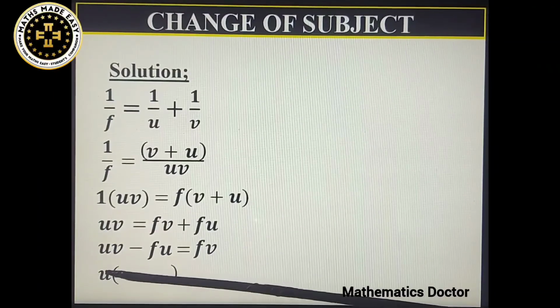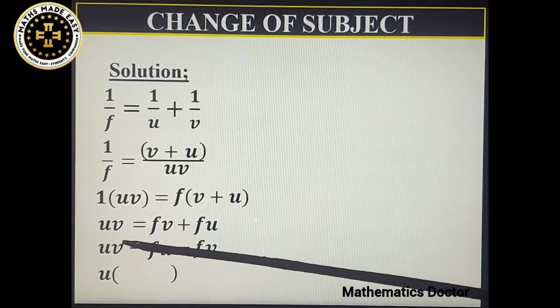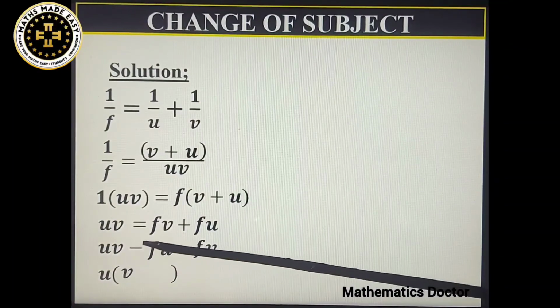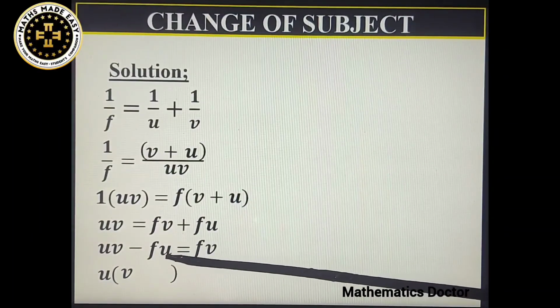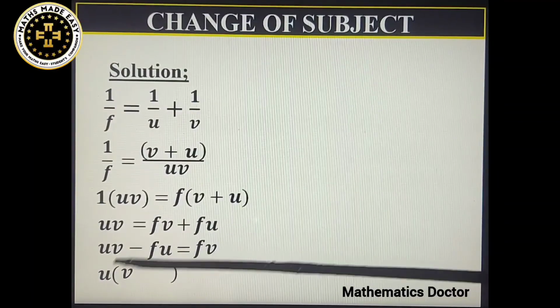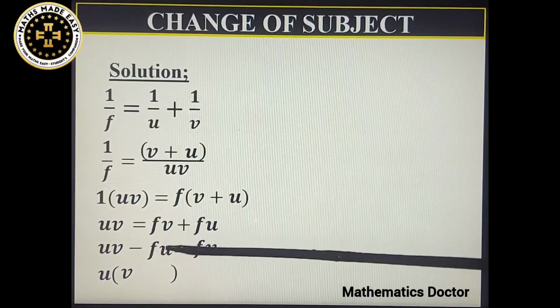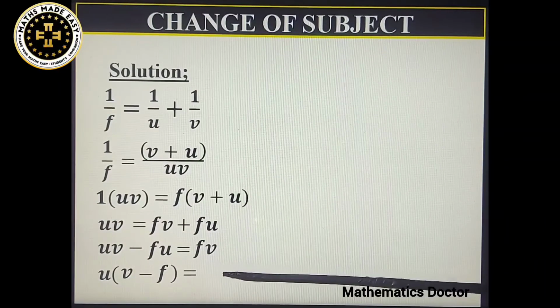So u will cancel out u here in uv. When it cancels out, it will remain with v. So bring v in the bracket. So v in there. Now, u will still cancel the u in the term minus fu. So if u divides u, it will be left with minus f. So bring the minus f in the bracket. Now the equal sign will come and fv.